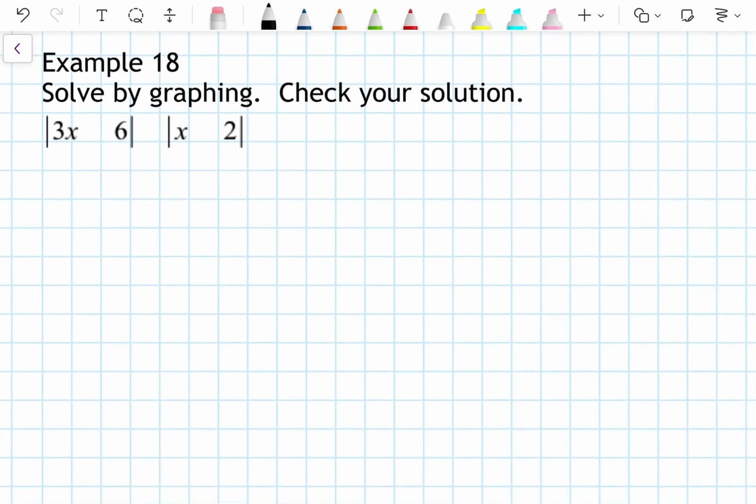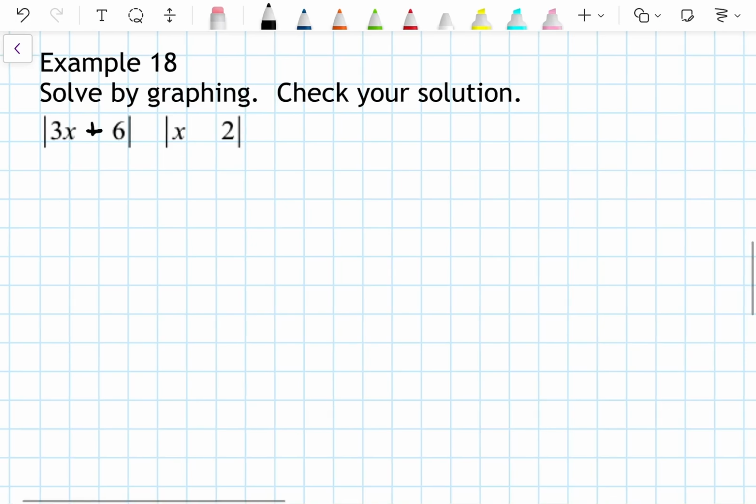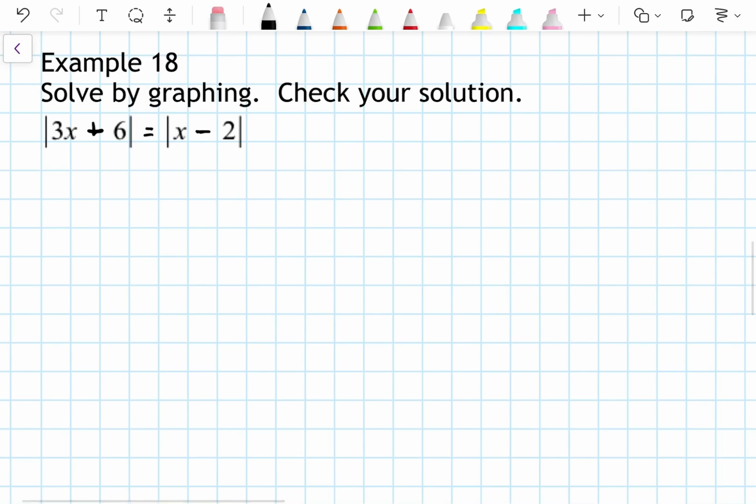This should be 3x plus 6 equals x minus 2. So I'm going to have y equals the left piece, and I'm going to graph it, and then I'm going to graph the right piece.